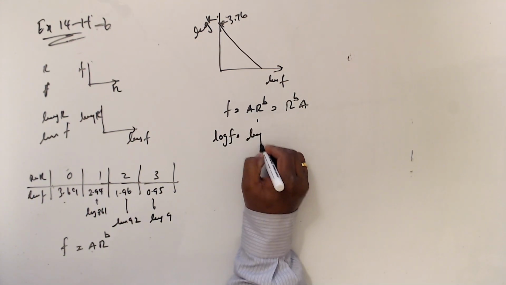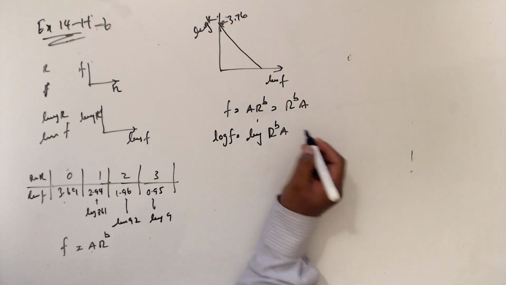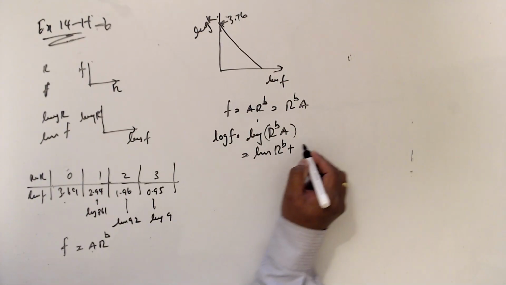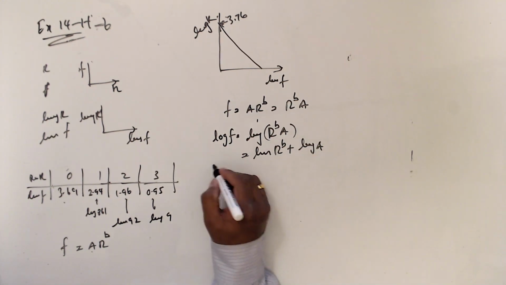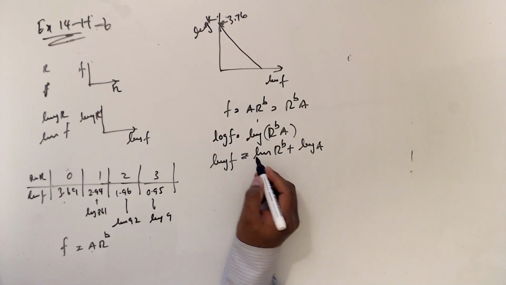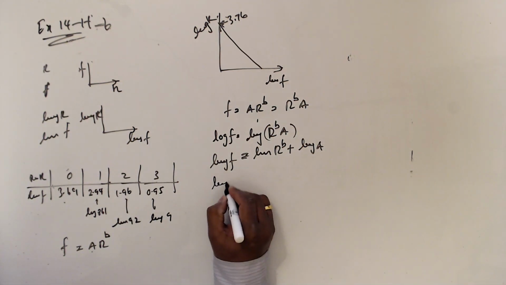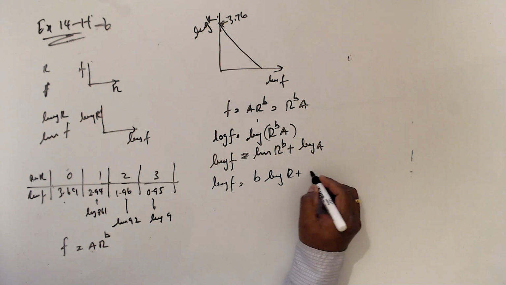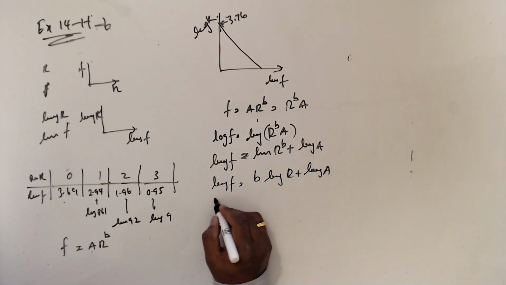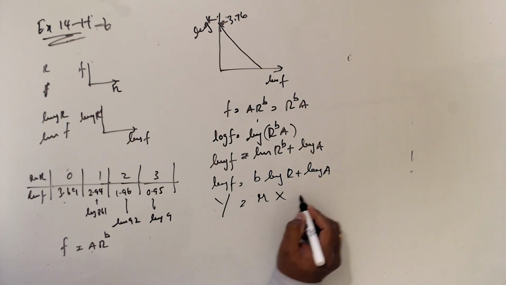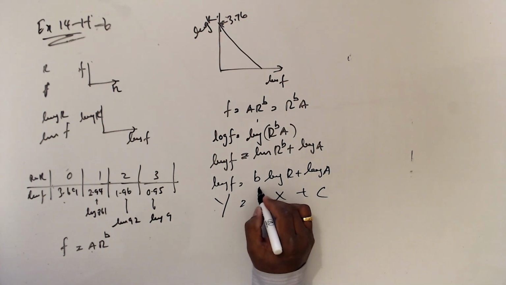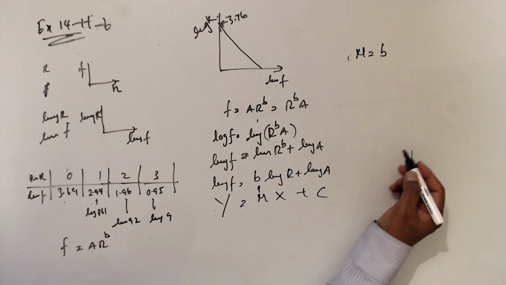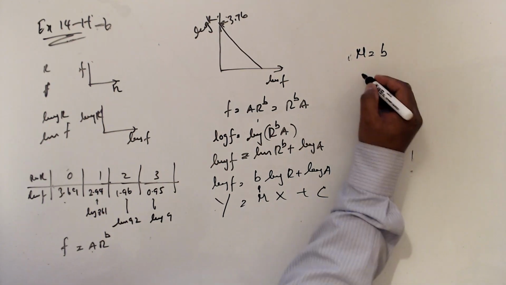So this is going to be log r^b plus log a, equal to log f. So log f equals b log r plus log a. Now this is y equals mx plus c. So m equals b, so we need to find the gradient, and c equals log a.